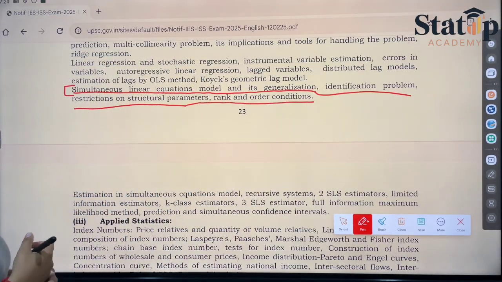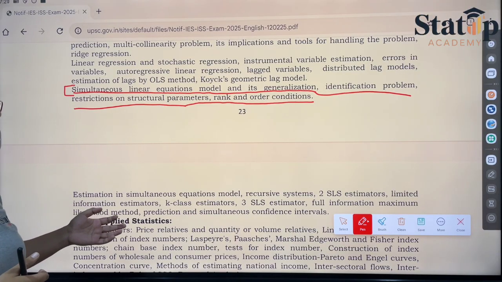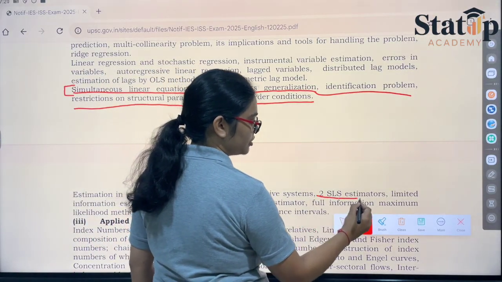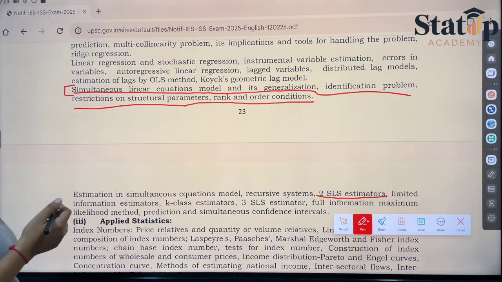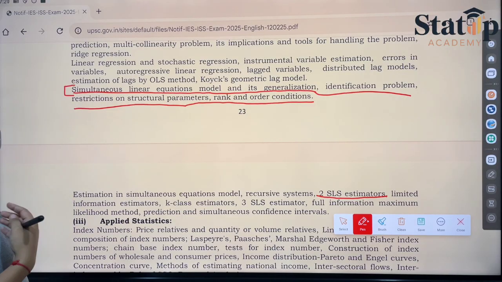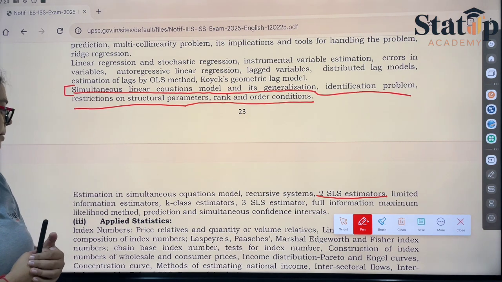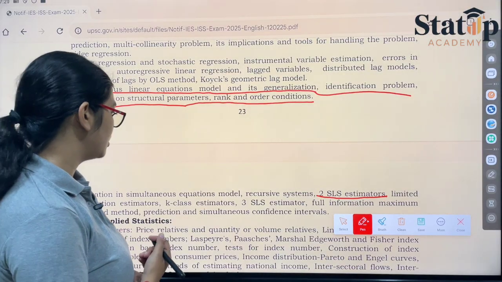All of this will be covered in one class. And estimation in simultaneous equation model, recursive, 2SLS estimation. 2SLS estimators we have done, and k-class and 3SLS estimation we will complete in the coming classes. So the course syllabus is almost complete, and we will be starting the simultaneous linear equation models from tomorrow.